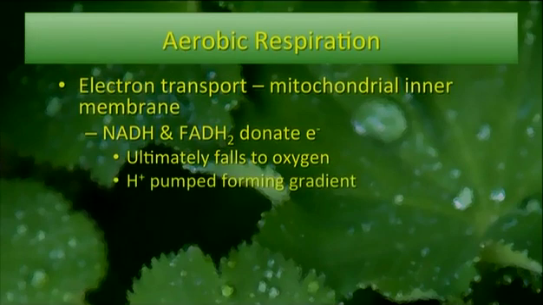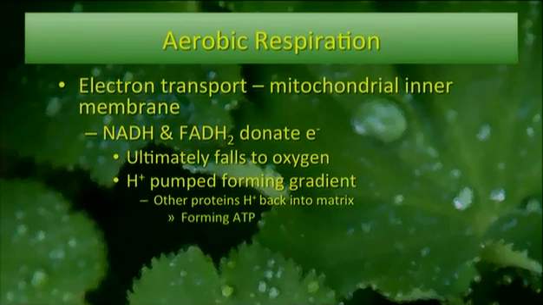Also here, we have another proton pump. Protons are pumped, forming a gradient similar to what we saw in photosynthesis, but this is happening in the mitochondrion. Then other proteins allow hydrogen ions to go back into the matrix, forming ATP.